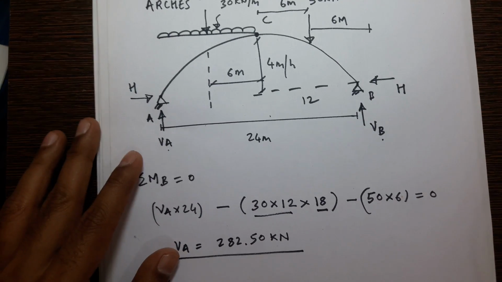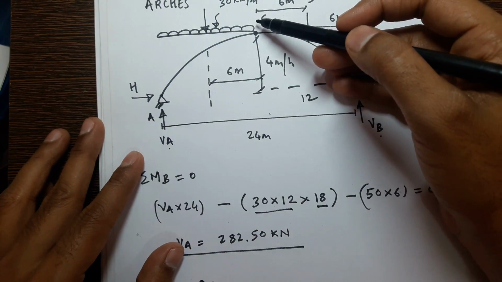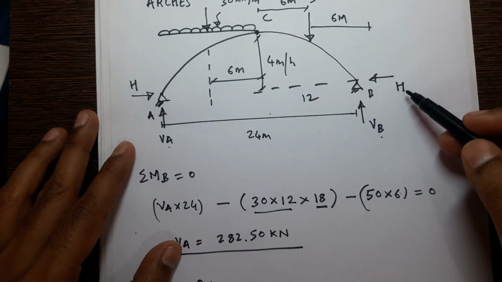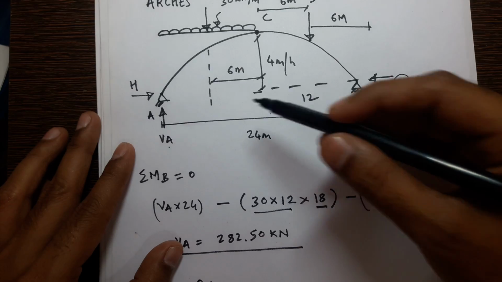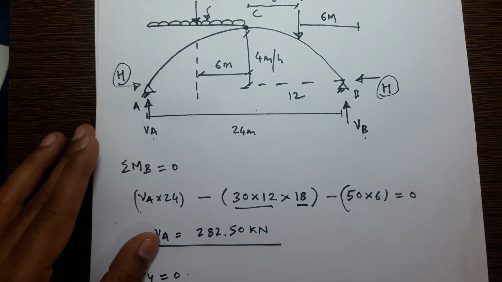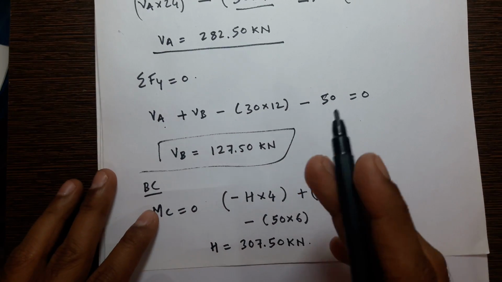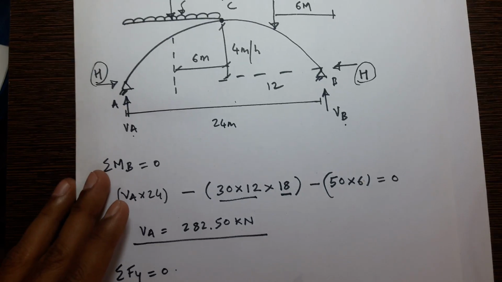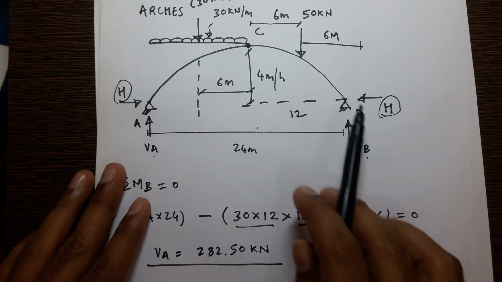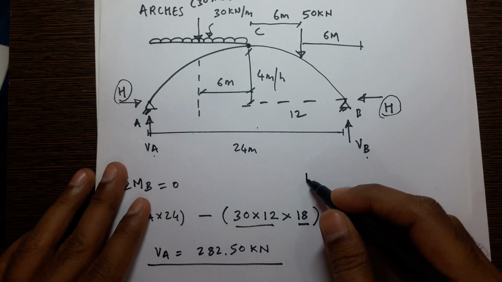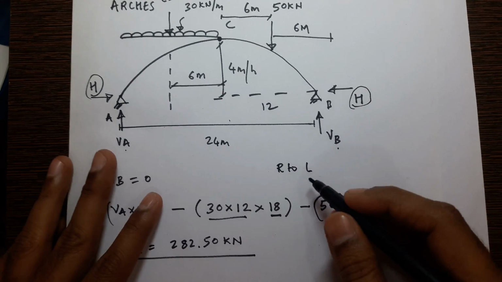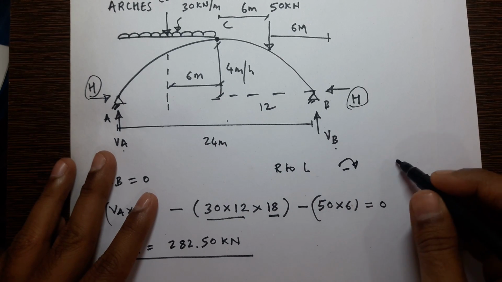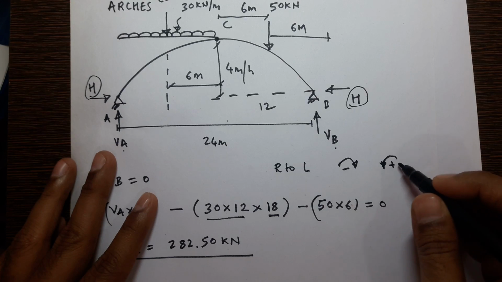Now you can choose any span, span AC or span BC, in order to find this horizontal reaction H. Here I have taken span BC. When you take span BC, you have to travel from B to C, meaning from right to left. Here clockwise moment will be negative, anti-clockwise moment will be positive.